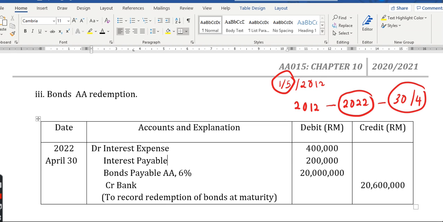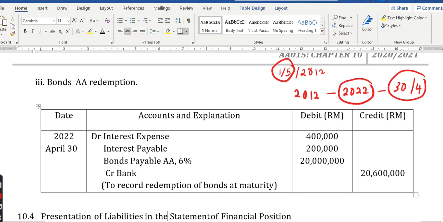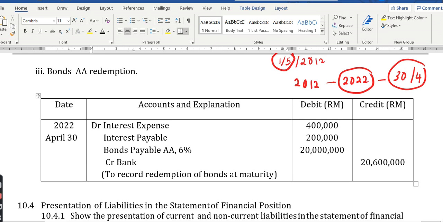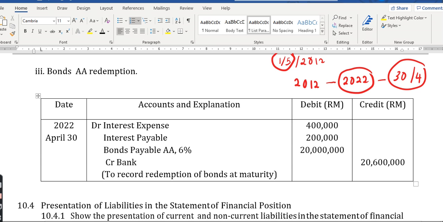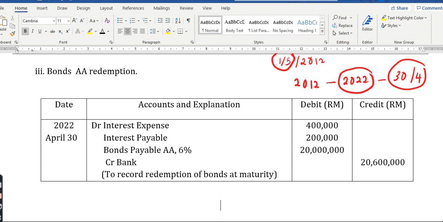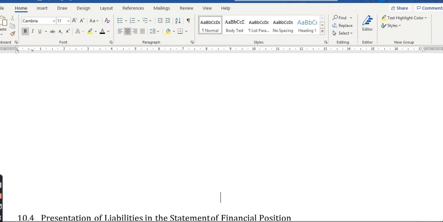So the amount that I need to pay is actually 20,600,000. Okay, for those who are asking, where do I come across the interest expense and interest payable during the redemption date? Okay, all right, this is how you go about with the journal.